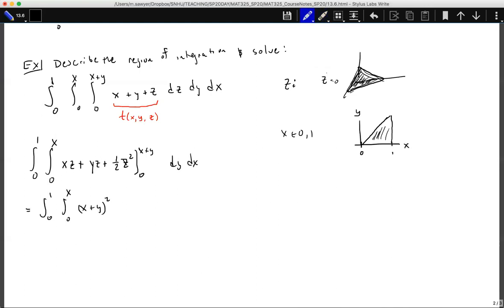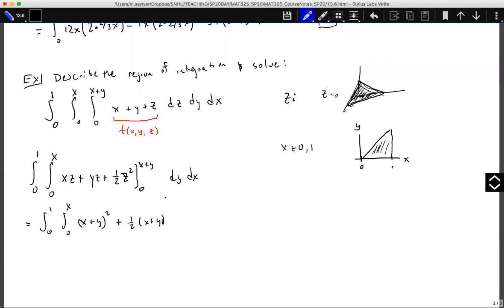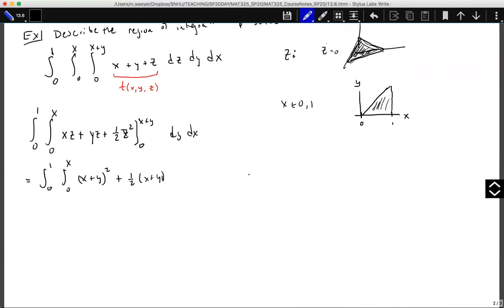We factor out the z and drop in x plus y, plus 1/2 x plus y squared, dy dx. With a little simplification, 0 to 1, 0 to x, 3/2 quantity x plus y squared dy dx.